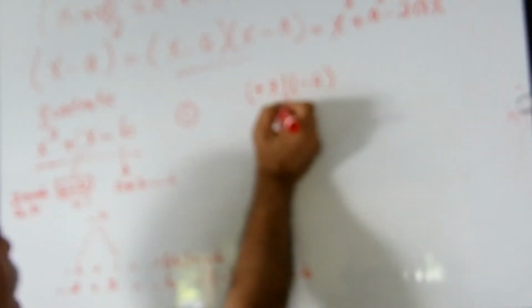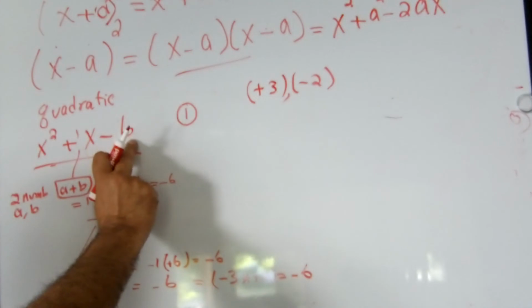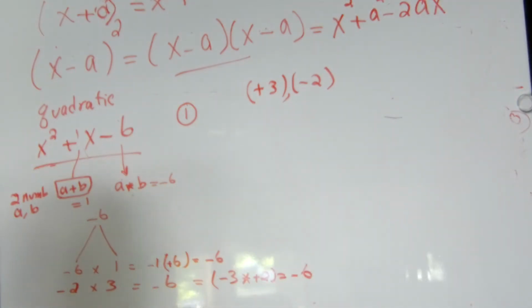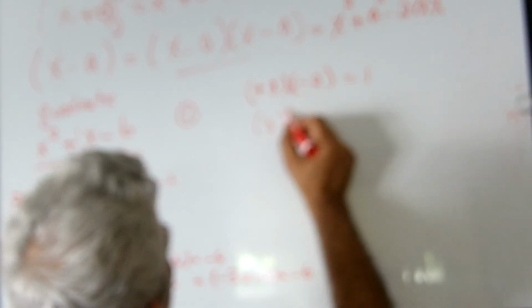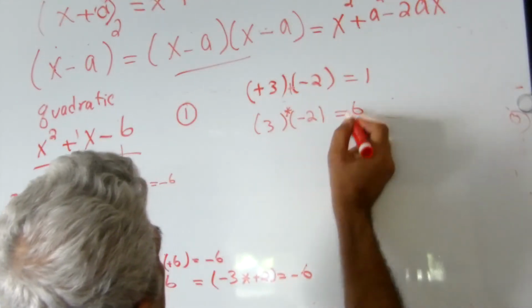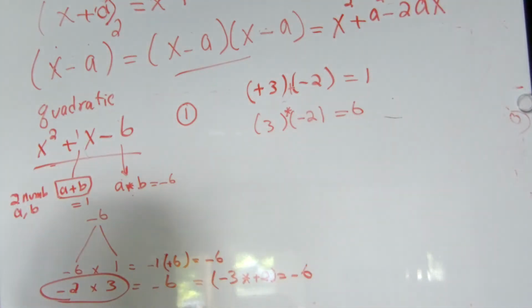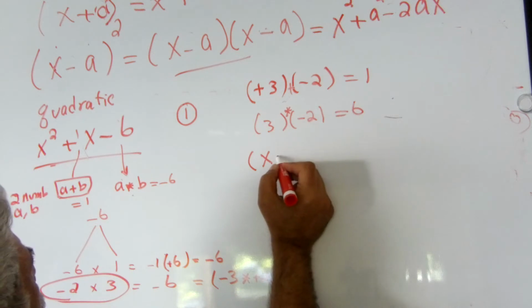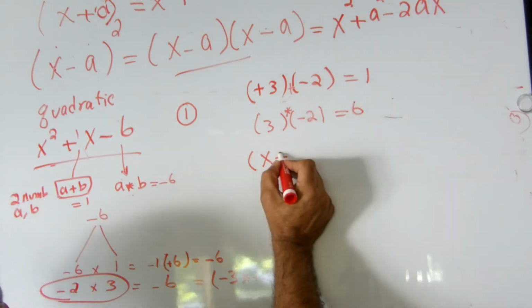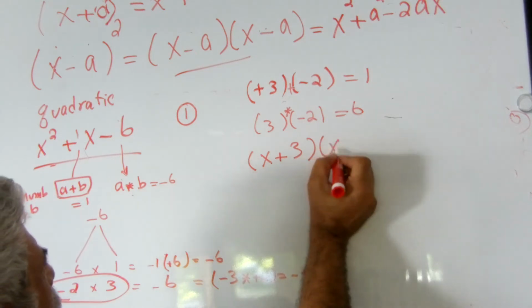If you add them, you get plus 1, and if you multiply them, you get minus 6. So the answer for that, we say, is x plus 3 times x minus 2.